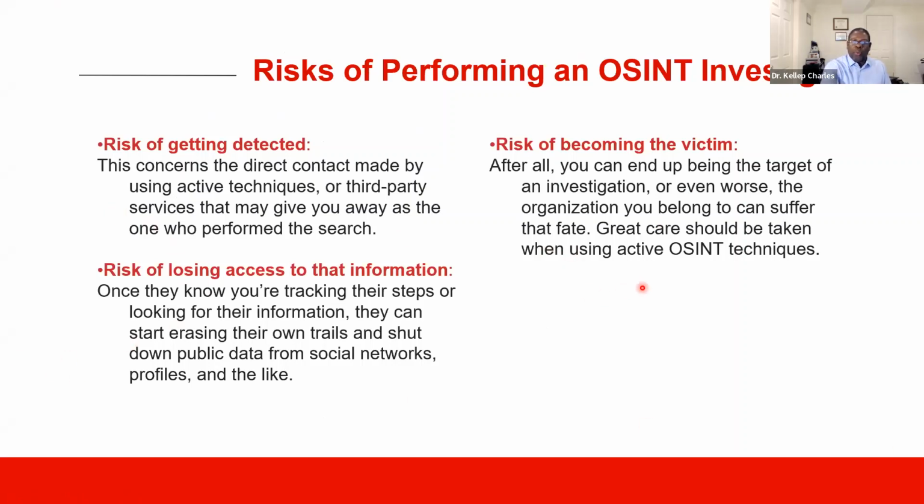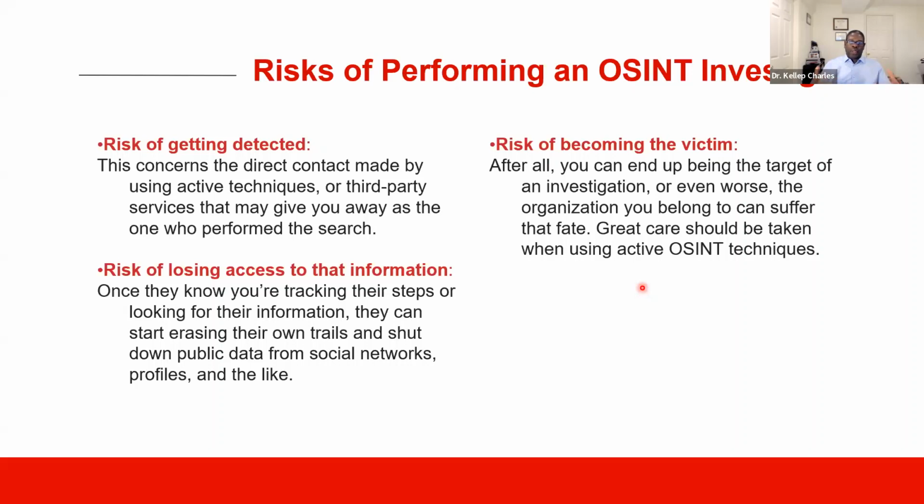Now, we talked about a lot of the benefits as they relate to open source intelligence, and I just wanted to talk a little bit about the risks. One of the main risks is getting detected.